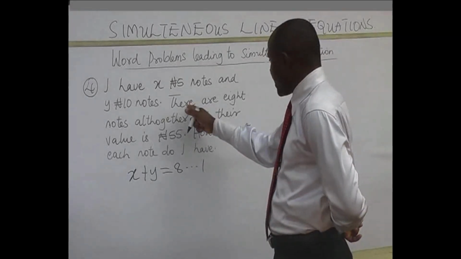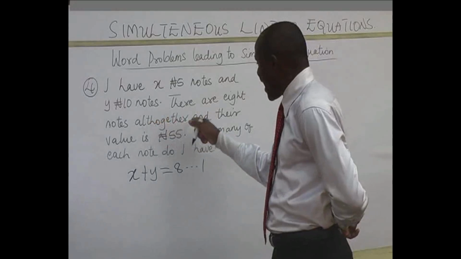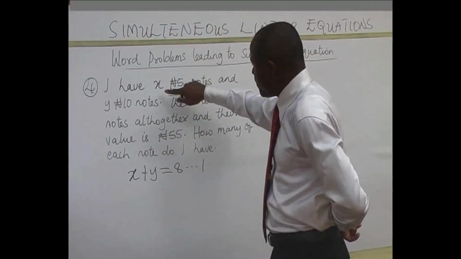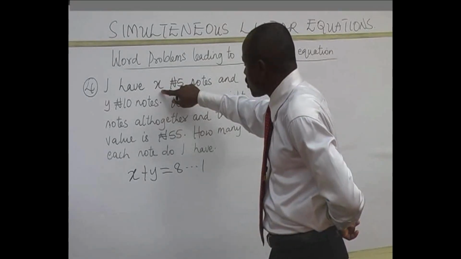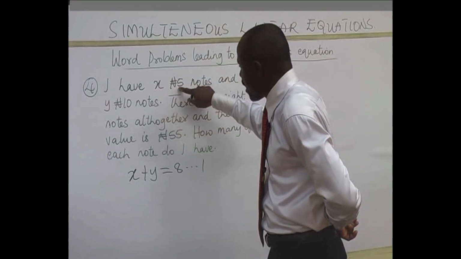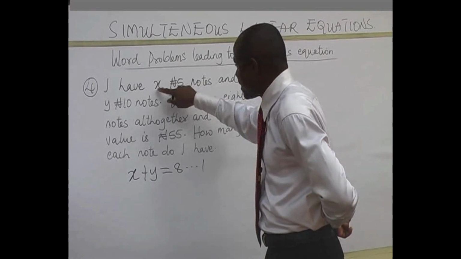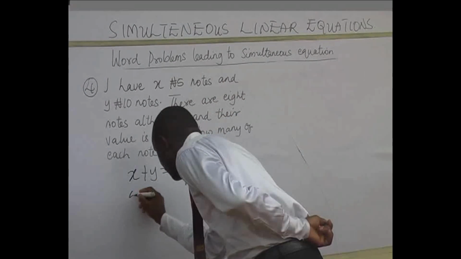In the same second sentence, there are 8 notes altogether and their value is 55. Now, if there are X number of 5 naira notes, that means the value of it will be 5 naira times X, which is 5X.